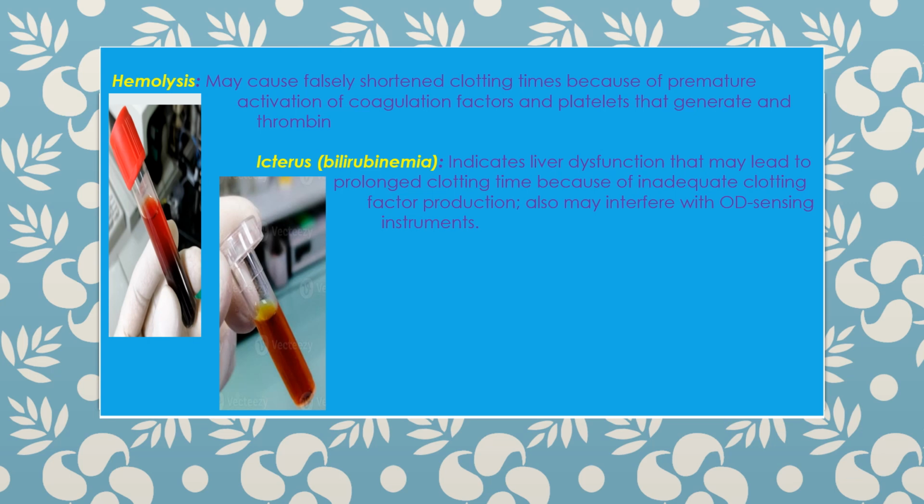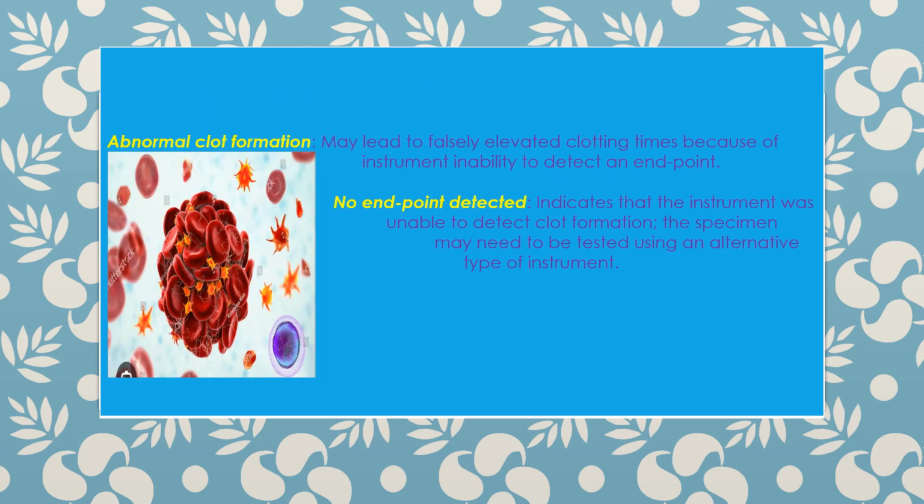Icterus, or bilirubinemia, indicates liver dysfunction that may lead to prolonged clotting time because of inadequate clotting factor production, and may also interfere with OD sensing instruments. Abnormal clot formation may lead to falsely elevated clotting times because of instrument inability to detect an endpoint.